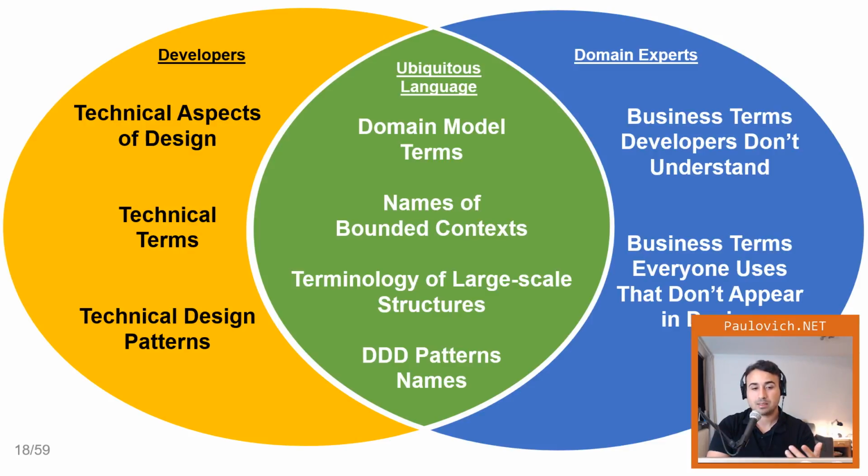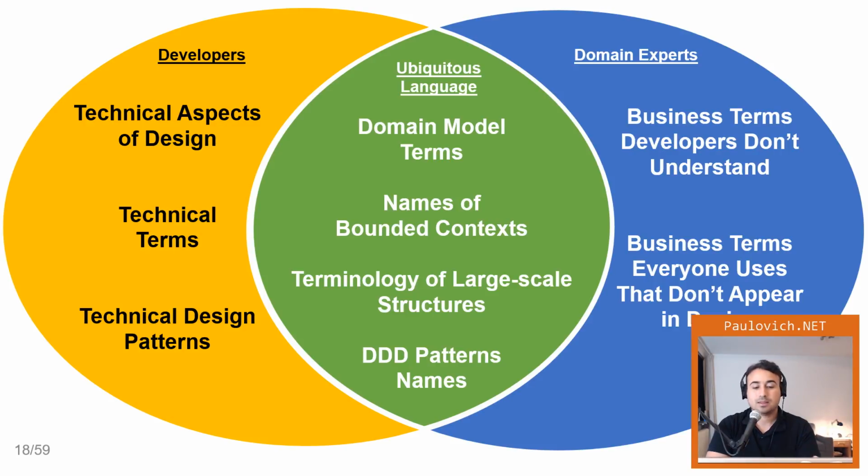For example, the name of the bounded context should be clear for both. The domain model terms like customer, entity, and the verbs are also important. So this should be shared and created by developers and domain experts.